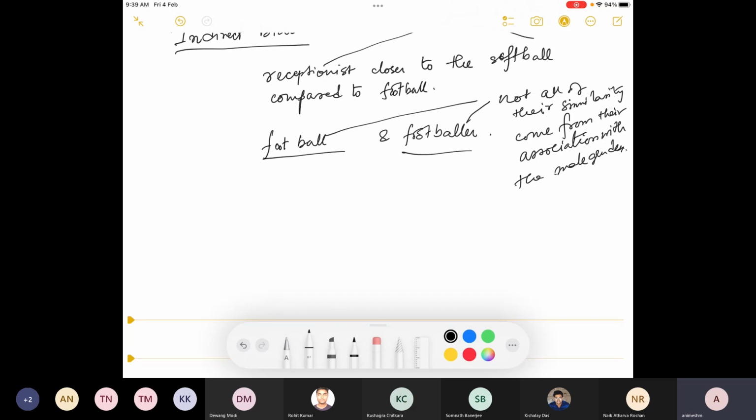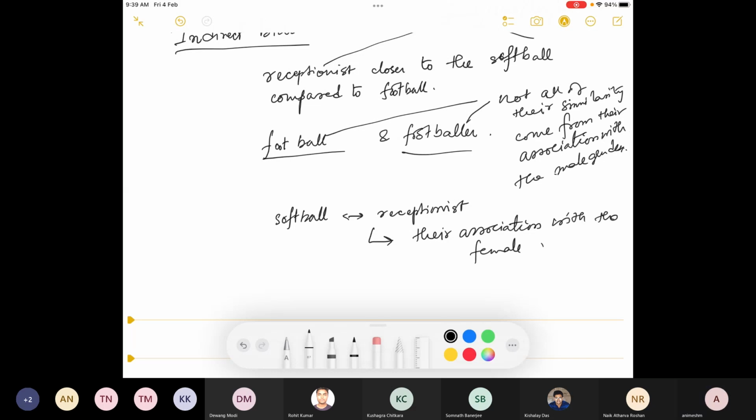For instance, can we say what is the similarity of softball with receptionist that comes from their association with the female gender? Can we quantify this part?